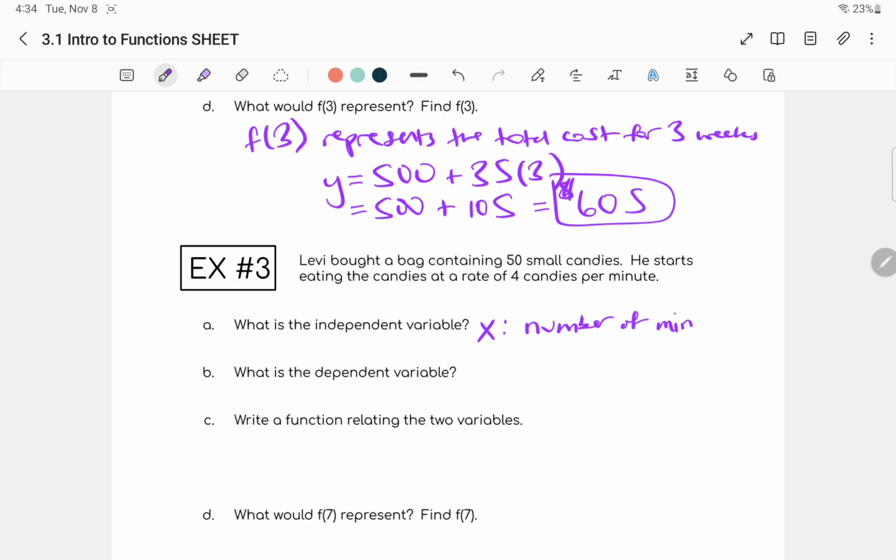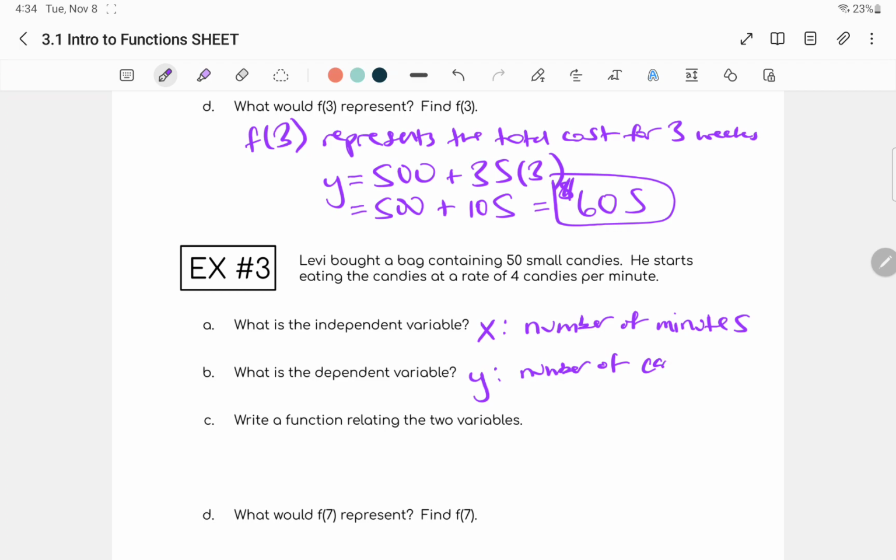So number of minutes. And now our dependent variable is what is depending on the number of minutes. So what are we measuring here? It's not money, but in this case, it says candies, right? So my y, what is dependent, is going to be the number of candies.